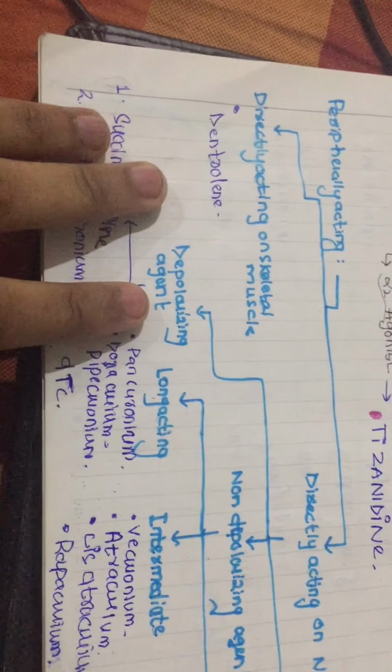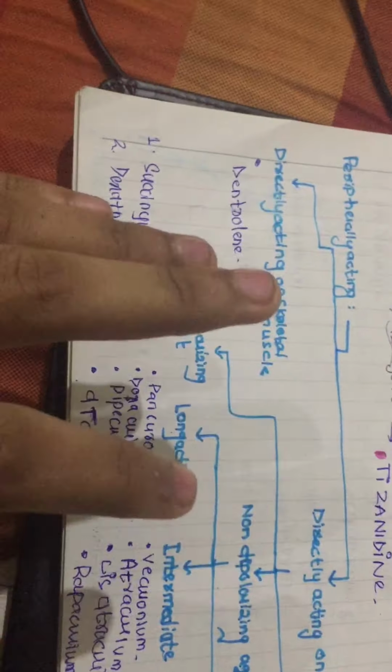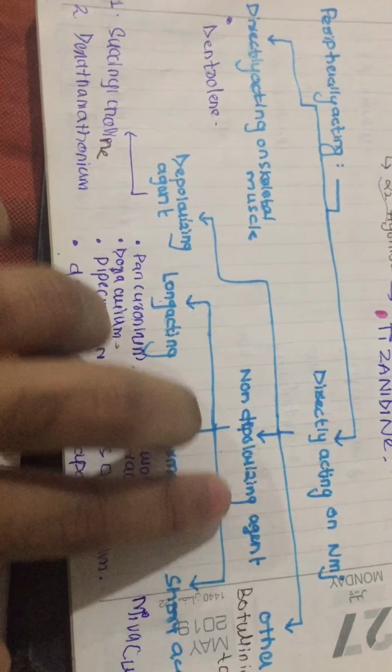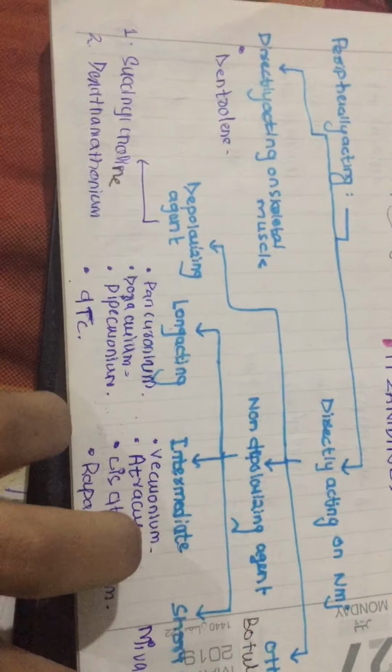Okay, I'm just going to go over the peripherally acting drugs again, and then we will move on to other topics. The peripherally acting ones are direct acting on the skeletal muscle and direct acting on the NMJ. Direct acting on the skeletal muscle is dantrolene, and direct acting on the NMJ is depolarizing, non-depolarizing, and others.